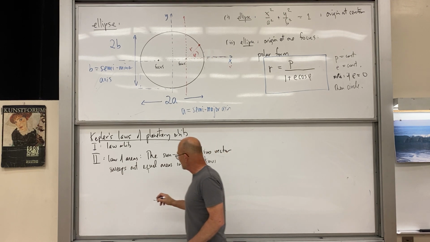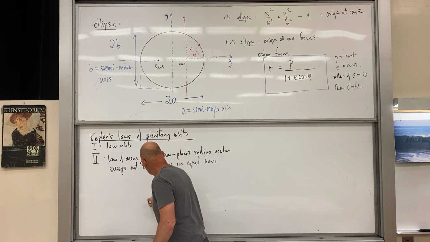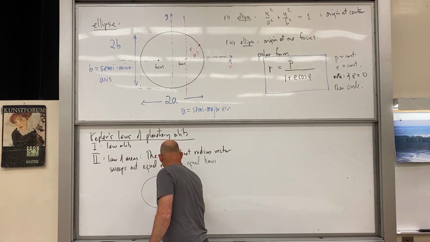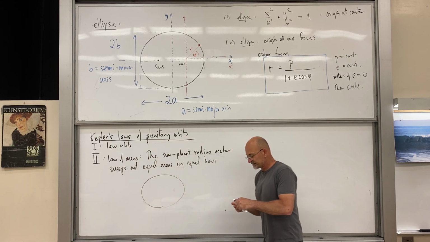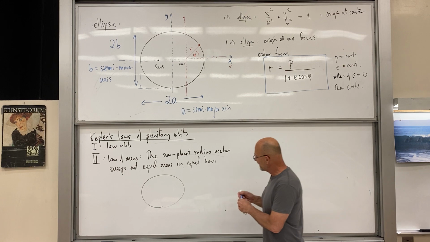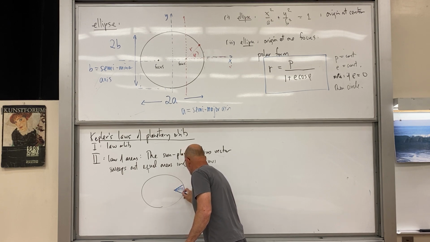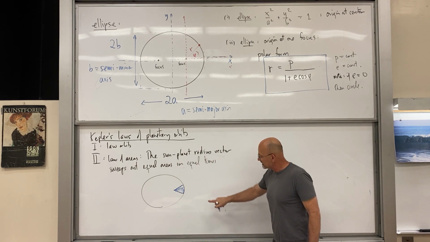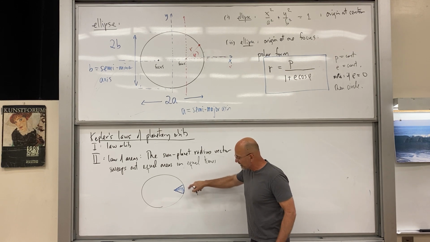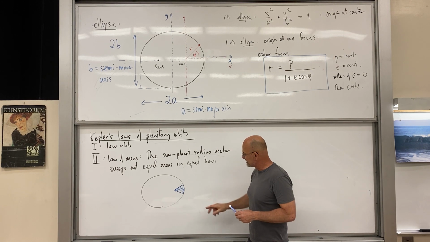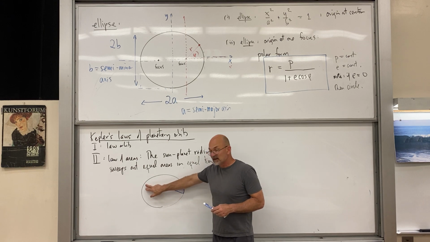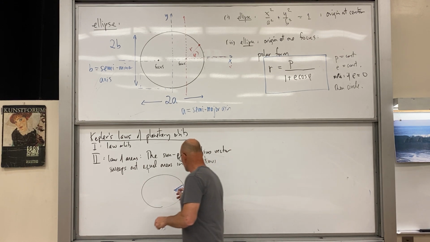So for a nicely elongated ellipse like that one right there, what you're saying is that on this side of the orbit, the radius vector is going to sweep out this area, and the time it takes to sweep out that area is the time it takes to sweep out an equivalent area on the other side of the orbit.